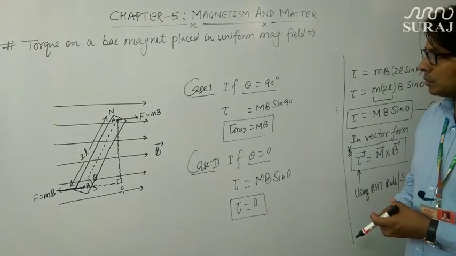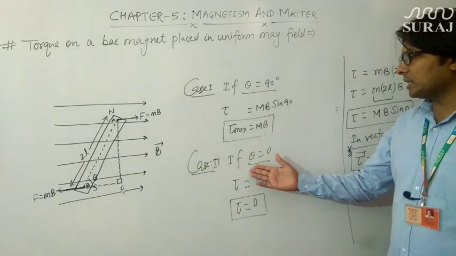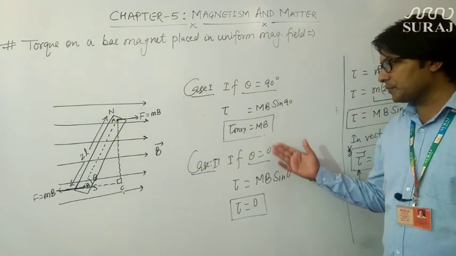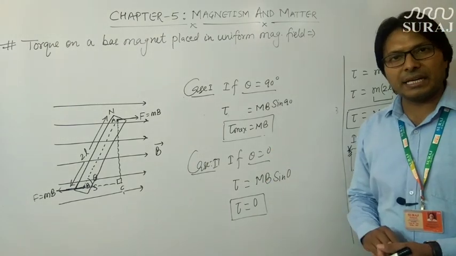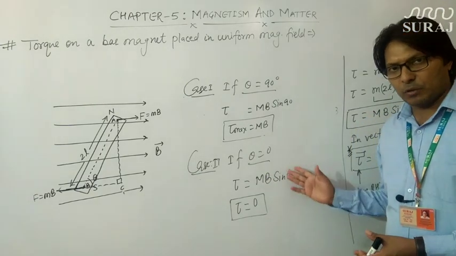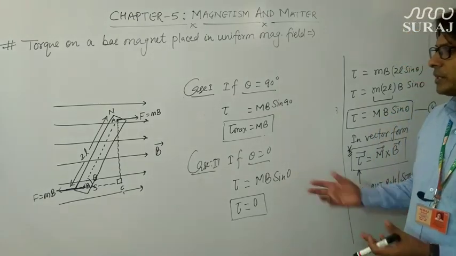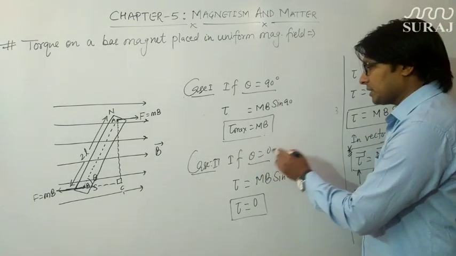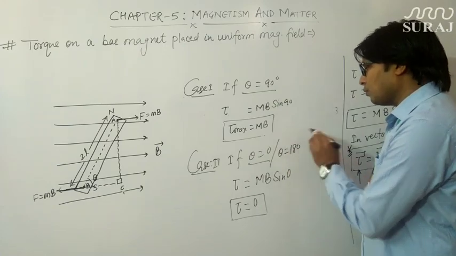One more case is similar: if theta is equal to 180 degrees, meaning you have placed the bar magnet anti-parallel to the magnetic field, then sine 180 is also 0. So we can consider it as case second as well, theta is equal to 180 degrees.